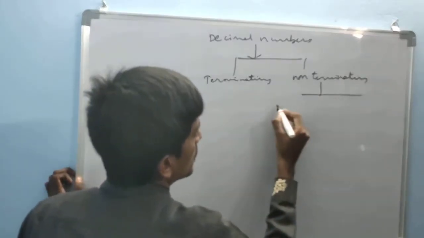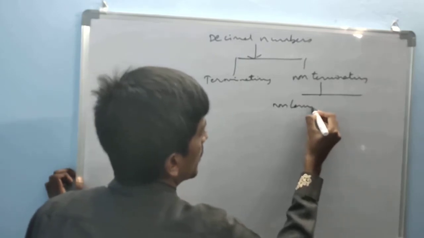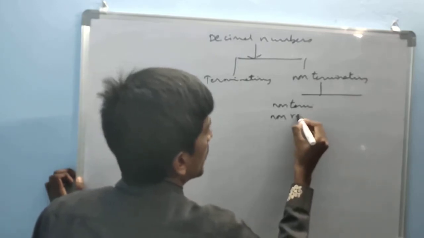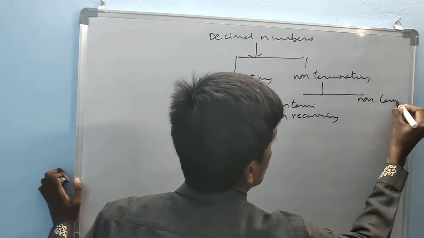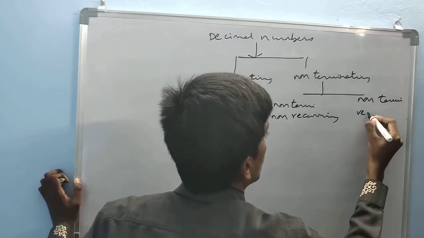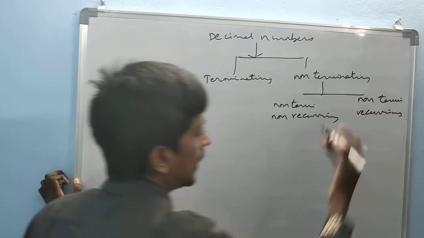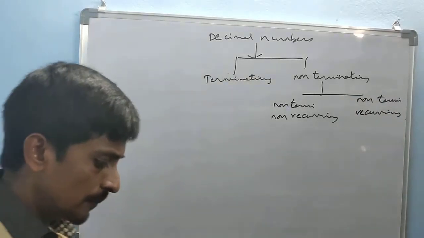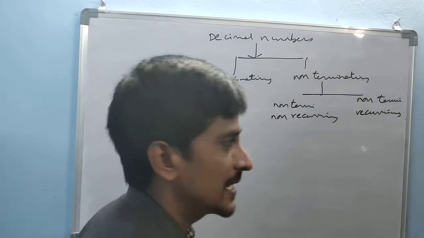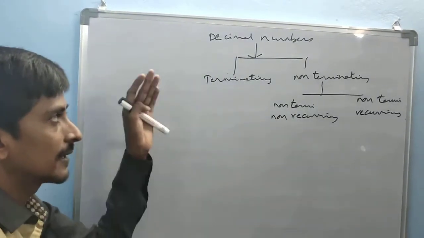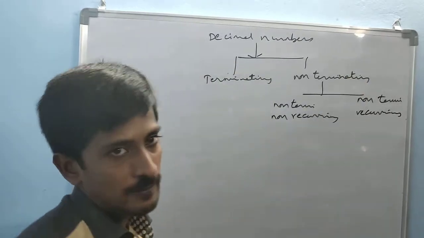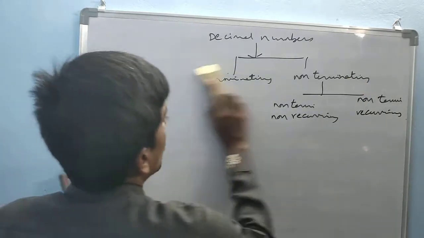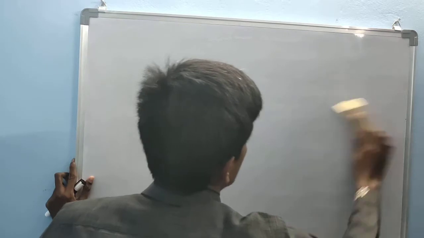Non-terminating also has non-recurring and non-terminating repeating or recurring decimals. I gave the table also. So, which rational numbers are converted to terminating decimals and which numbers are called non-terminating decimals. Okay, once I gave some examples to you.